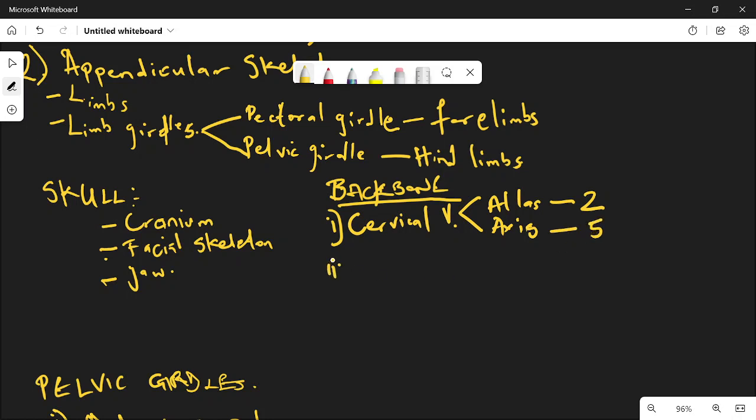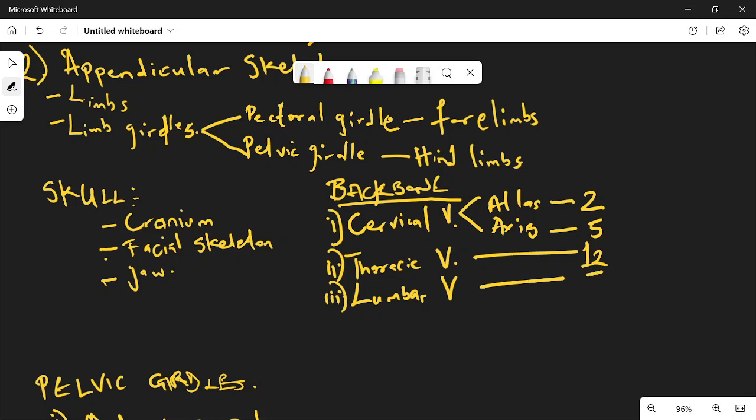And then the second bone is what? The thoracic vertebrae has a total of 12. And number 3, we have the lumbar vertebrae. The lumbar vertebrae has a total of 5. And then we have the fourth one, which is called the sacral.